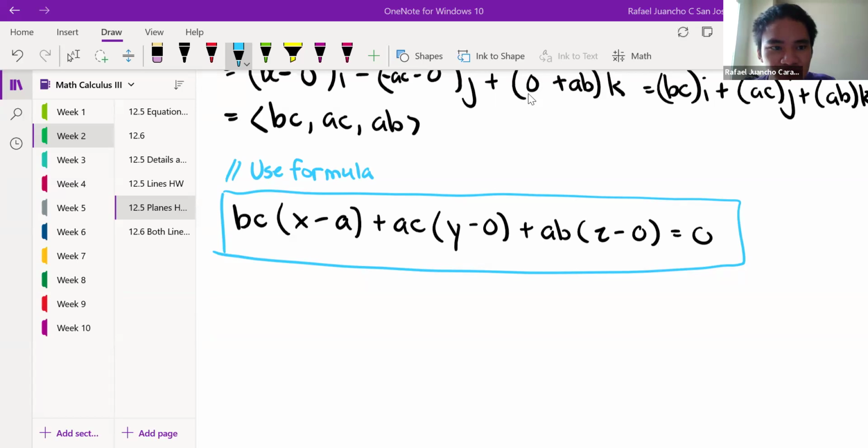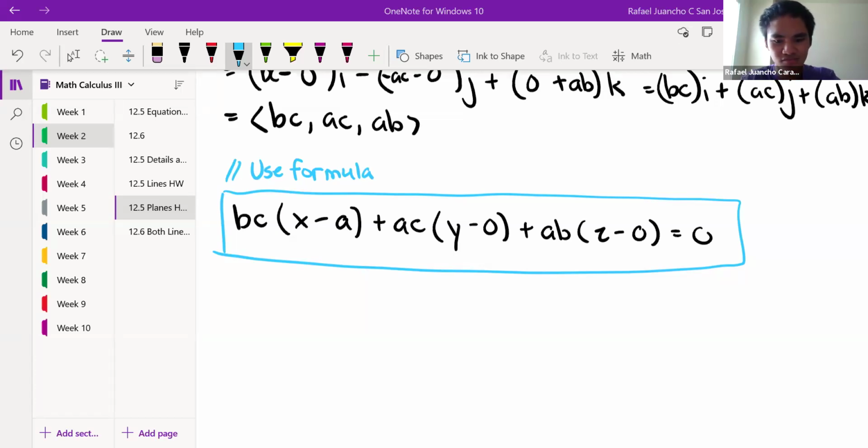I'm going to load the video and see if I got it real quick. BC times x minus A, plus AC y, plus AB z. Okay, cool. We got it. I could simplify, but I don't want to. I'm going to get confused.